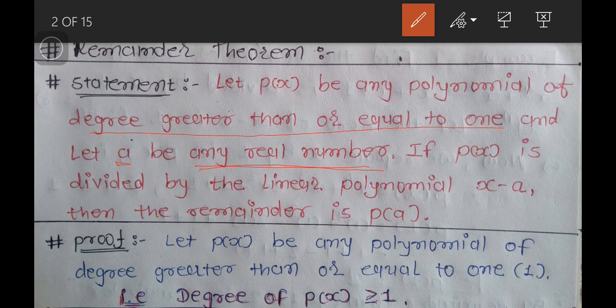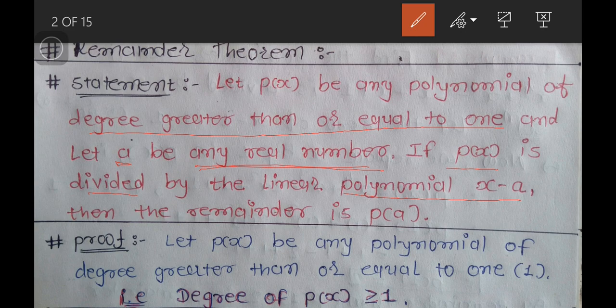So a is any real number. If p of x is divided by the linear polynomial x minus a, because the degree of p of x is greater than or equal to 1, then we can divide p of x by x minus a.